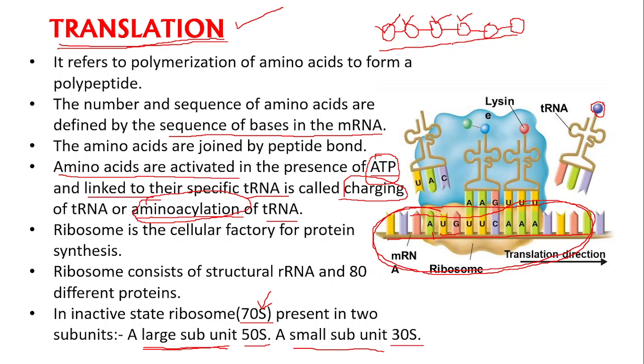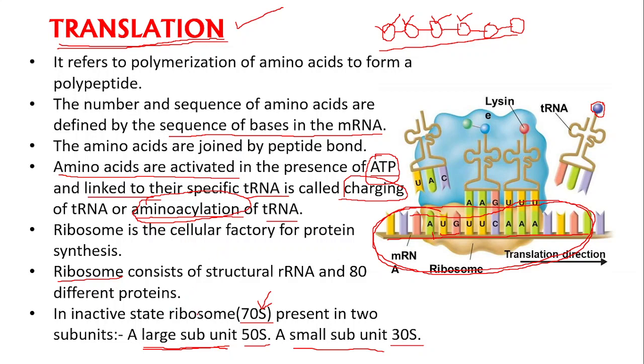The sequence of amino acids is guided by the coded information present on the mRNA. And who will help in the synthesis of a protein? The ribosome, which is called the protein factory of a cell.